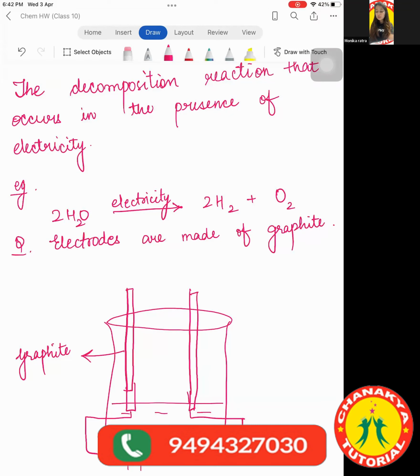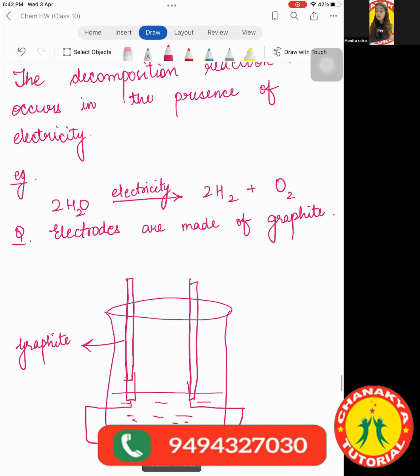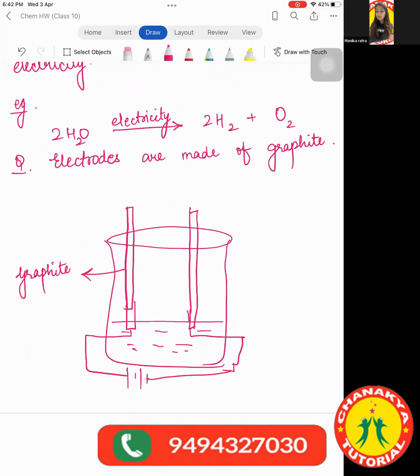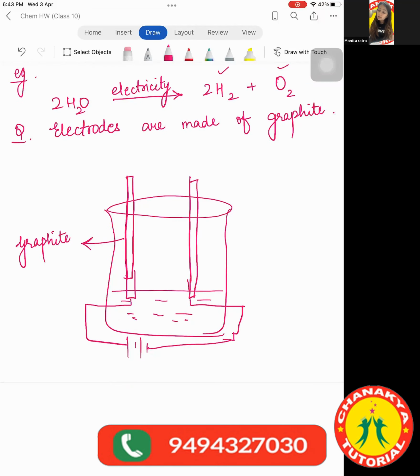Then the next thing which you need to know is, when we start to pass the electricity, the water starts to get decomposed to hydrogen and oxygen. But this happens in the presence of acid. The water starts to break down in the presence of a few drops of acid.